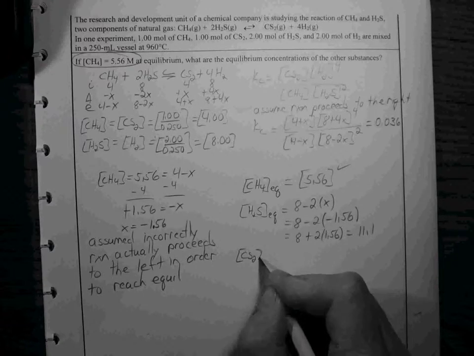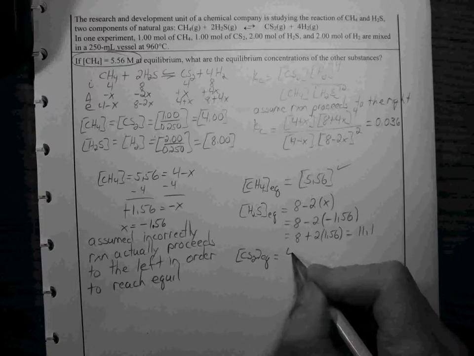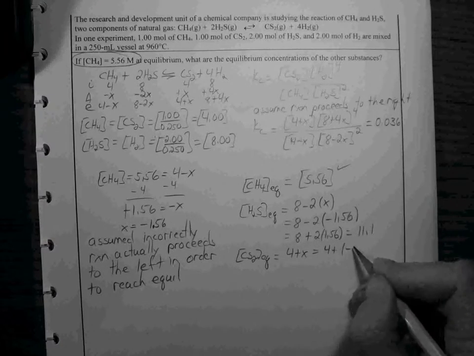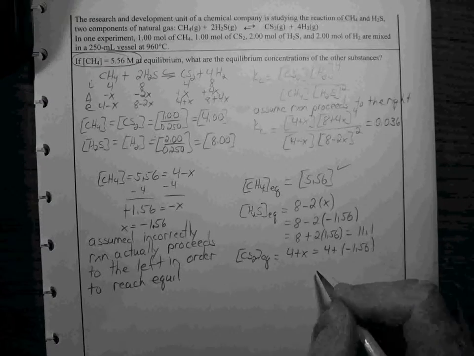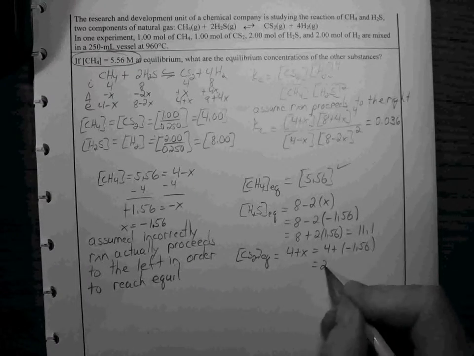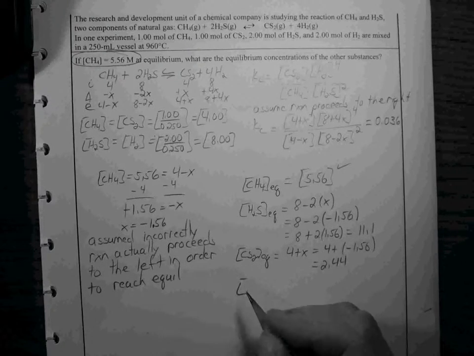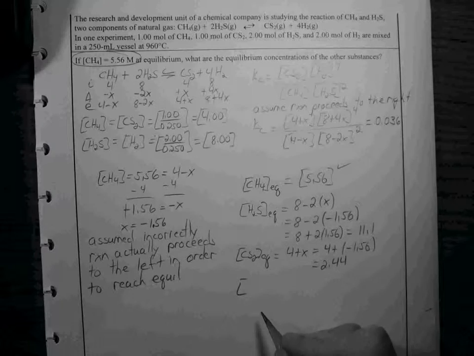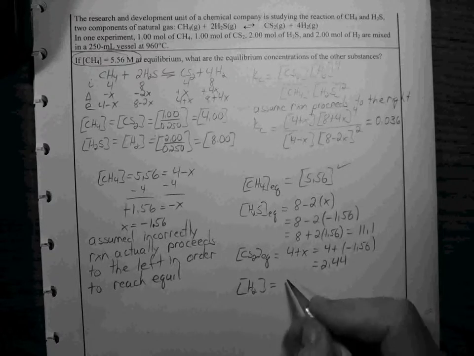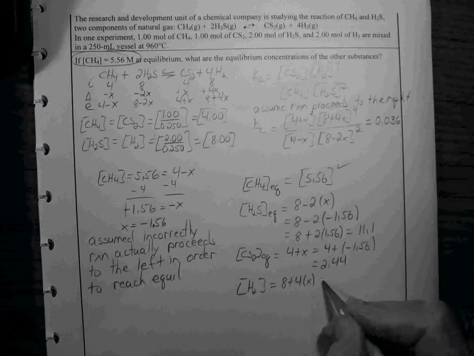CS2 at equilibrium is 4 plus x, and that ends up being 2.44. And finally for H2, equilibrium is 8 plus 4x.